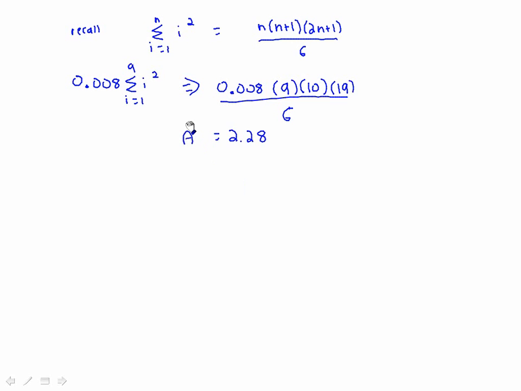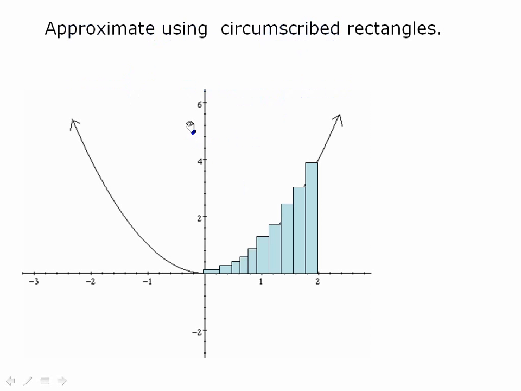So now we do the circumscribed rectangles. Now the difference with this one is that the width is still going to be the same, so 10 equal intervals, 0.2. But the difference is going to be the endpoint is in the right corner.